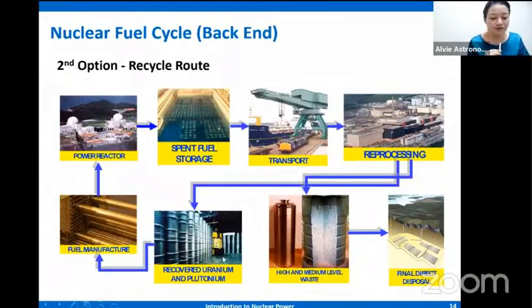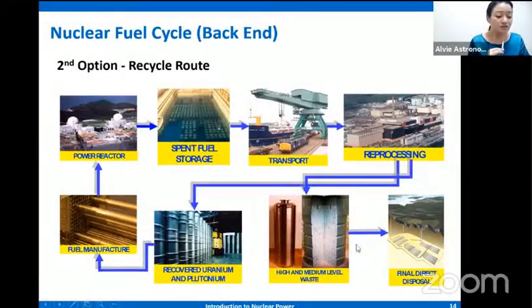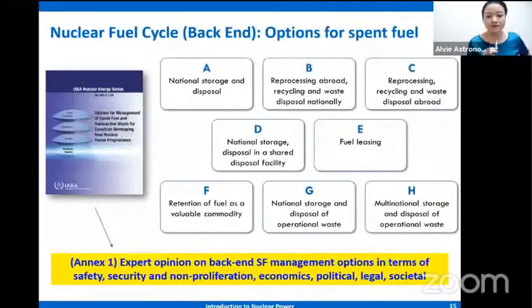That can be recovered and manufactured again into fuel which is usable in a reactor. The rest of the waste is separated, so there's a lower volume of waste in this case, and then this will go to disposal. In concept, this is an attractive option, but very few countries are choosing this policy because of proliferation concerns. But again, we have this option just in case.